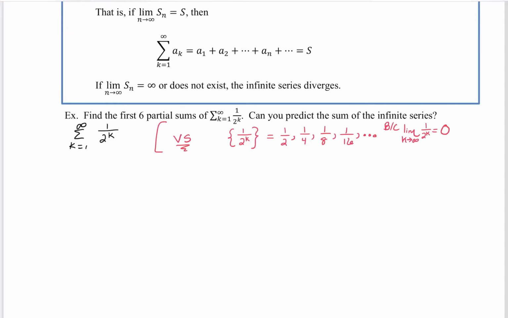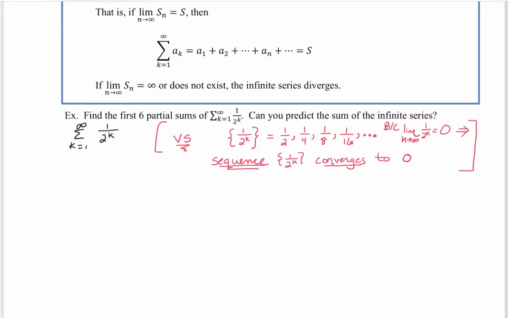So that implies that the sequence 1 over 2 to the k converges, but it converges to 0.